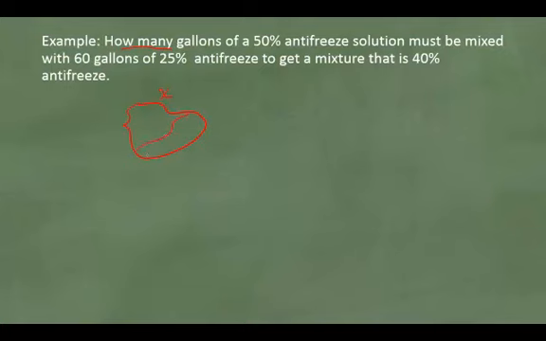So let's sketch this out. Let's say that's the antifreeze right there. And it's 50%, 0.50 in decimal. It must be mixed with 60 gallons, so plus, let's say that's 60 gallons right there of 25% antifreeze, 0.25 antifreeze.